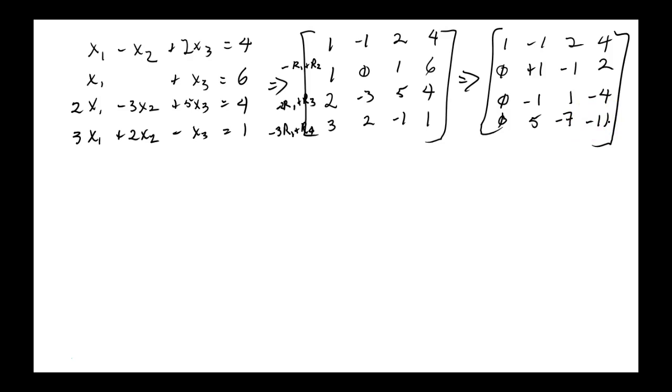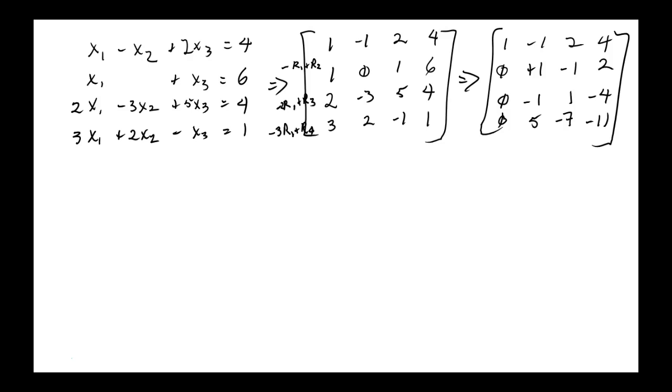Boy, that last row is looking weird, isn't it? All right, now what's the next thing you want to happen? Let's review. You got a 1 there. It was already there. We're fine. Get zeros below it. We got them. Then what's the next thing we want? We want a 1 there. We got it. It was already there. Good. Okay. And now what do we want?